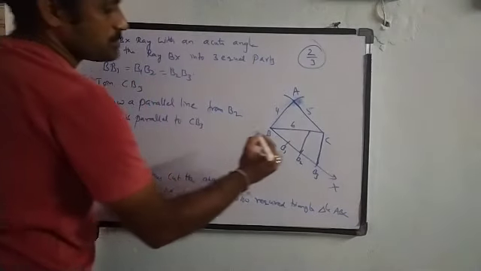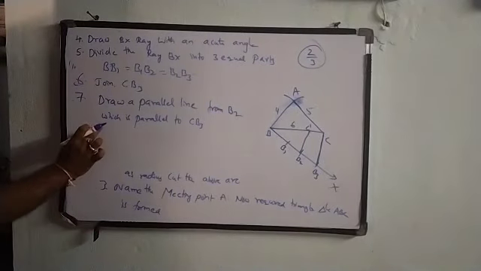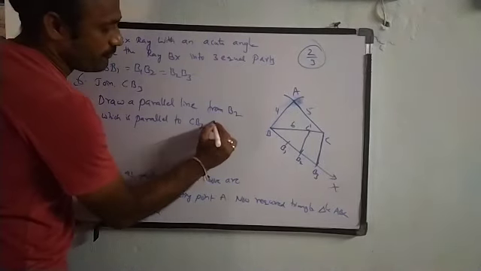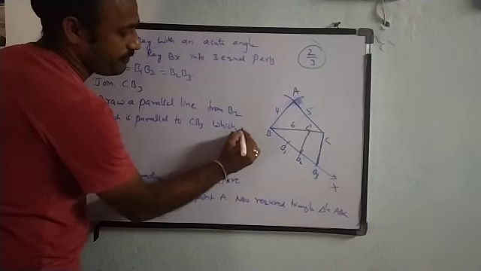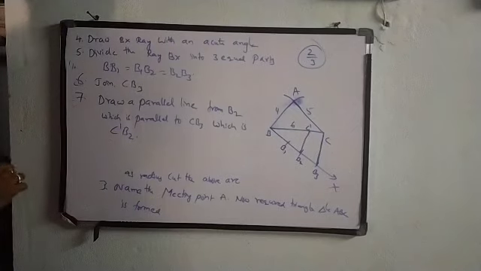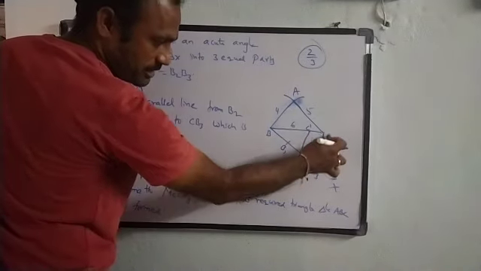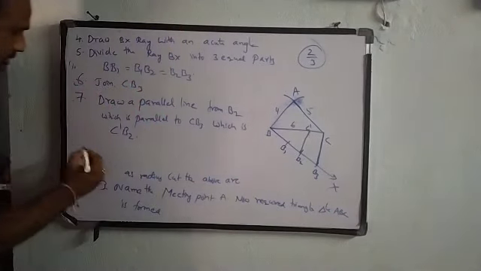So this I am marking as C dash, so the name is C dash B2. You have to draw the parallel line in such a way that it is parallel to CB3.